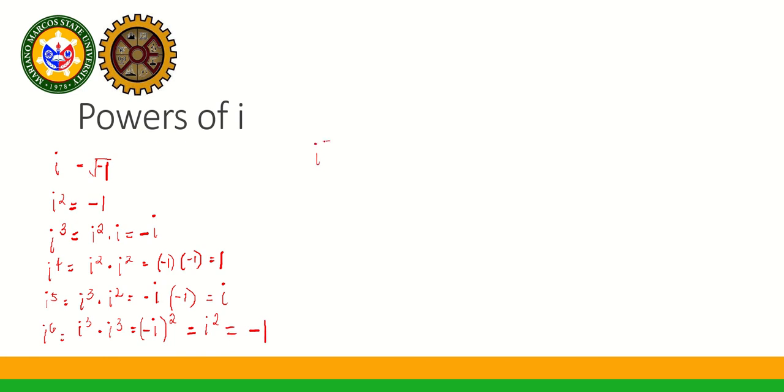We try i raised to 7. i raised to 7 can be broken down to i raised to 4 times i raised to 3. i raised to 4 is known to be 1, multiplied by i raised to 3, that is negative i. So our i raised to 7 is equal to negative i. Okay?